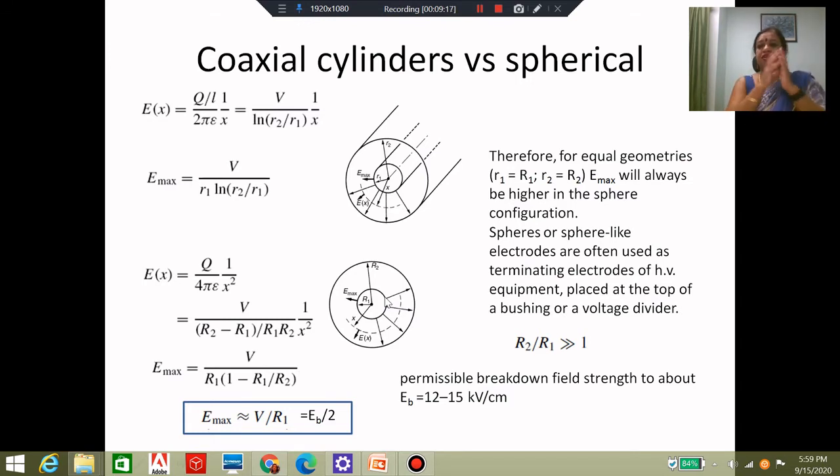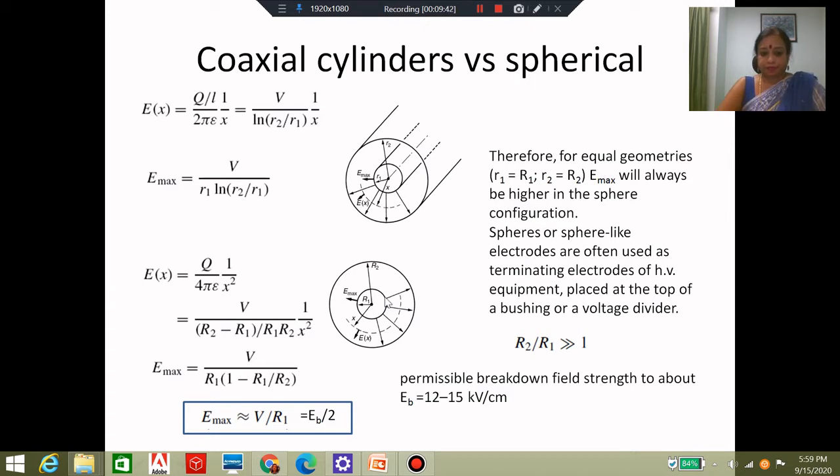So there might be many spurious reasons, and therefore it is safe to assume, instead of 30 kV per centimeter, a breakdown strength of 12 to 15 kV per centimeter for air. So if you design your insulator considering the breakdown strength of air to be around 12 to 15 kV per centimeter, then the chances are that breakdown will surely be averted.